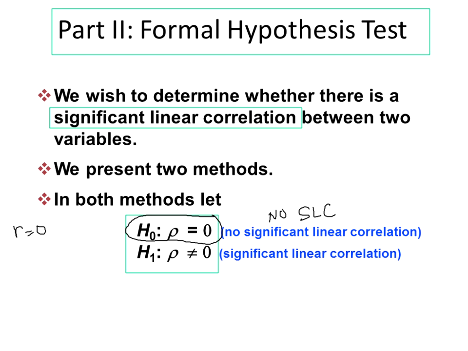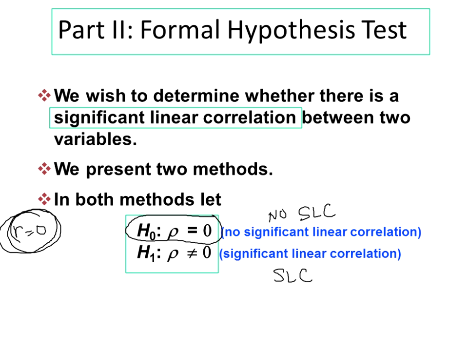You can write SLC for significant linear correlation. There's no SLC. However, if rho is something other than 0, then we would say that there is a significant linear correlation. Again, in our sample, the value of r measures the strength of our linear relationship, and when it was close to 0, that means we did not have a linear correlation.